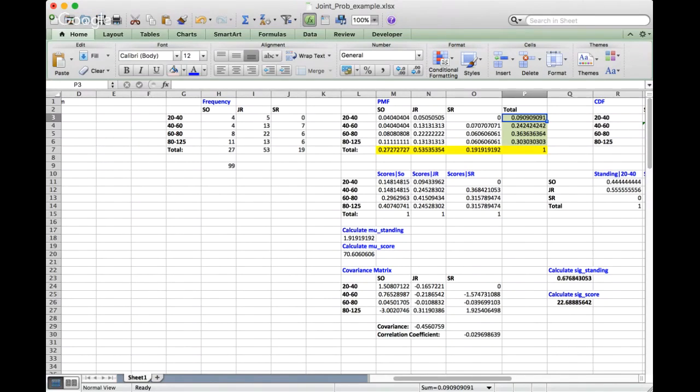When we sum up the probabilities associated with each score, we get 9% of the test takers had a score of 20 to 40, 24% had a score of 40 to 60, 36% had 60 to 80, and then 30% had 80 to 125.